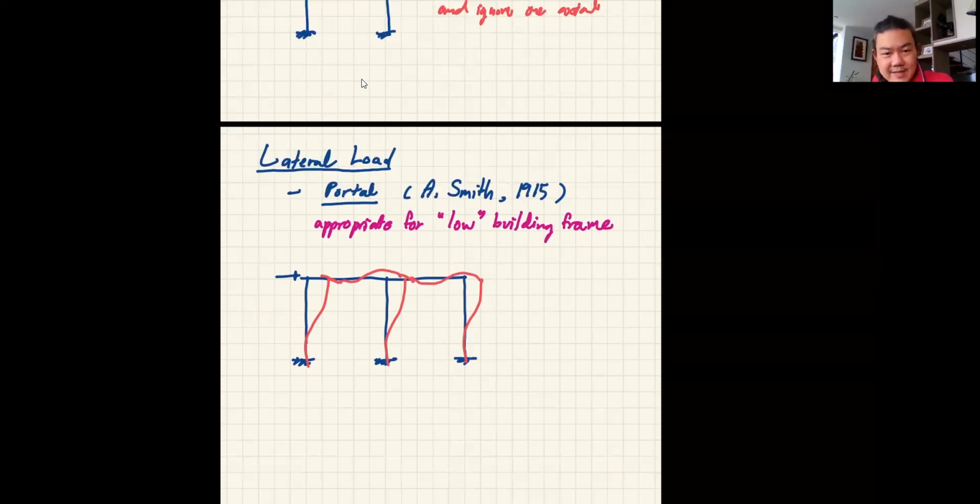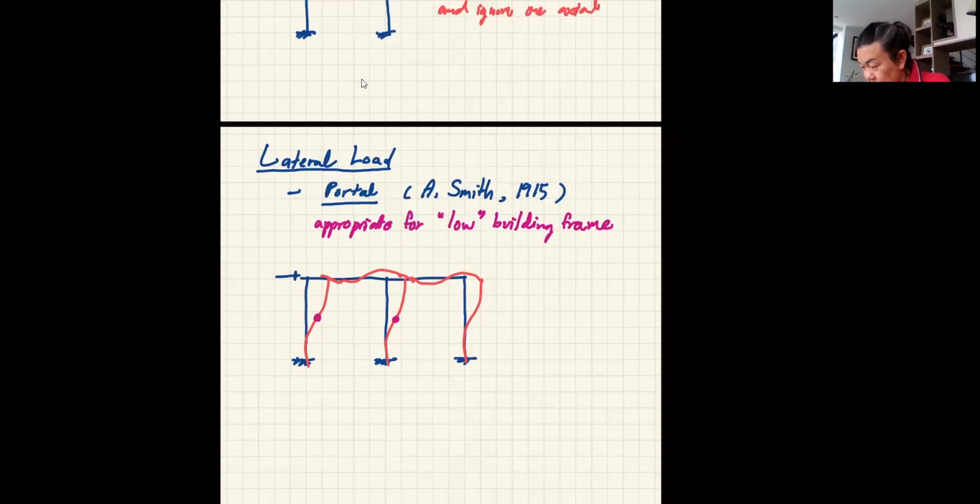But you can't visualize that your beams are going to have the double curvature. Meaning, I can assume that somewhere, because the beam is going to go like that, the column is going to go like that, somewhere there must be the internal hinge.